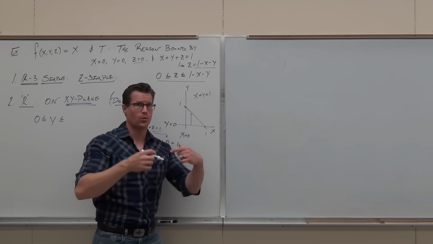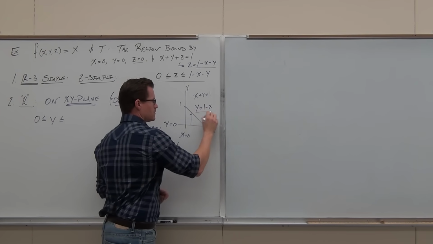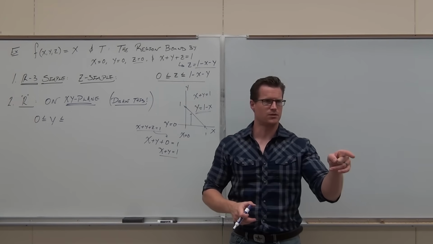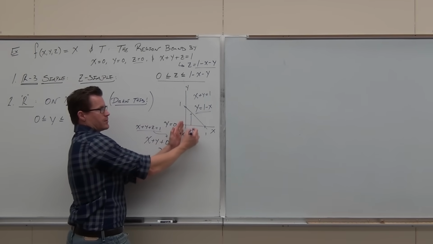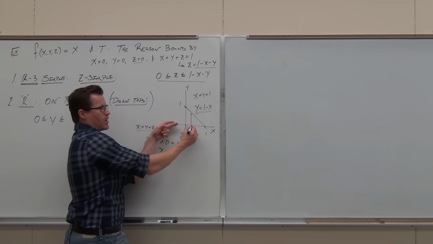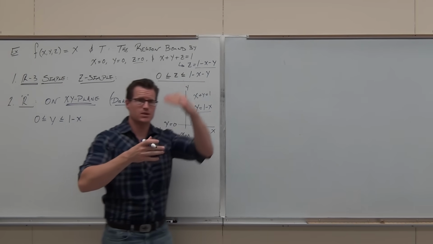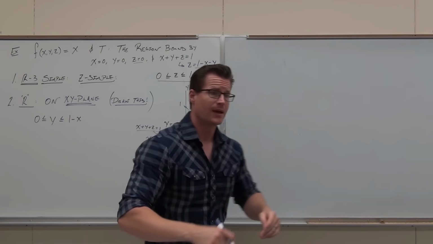I want dy, y equals. Head nod if you're okay with that. You guys over here, yes or no? So if I go along the dy, the y-axis, I'm going from y equals 0 to y equals 1 minus x. You can even see it. You can see what's the larger and what's the smaller function by drawing the region. That's why we practice so much of that.